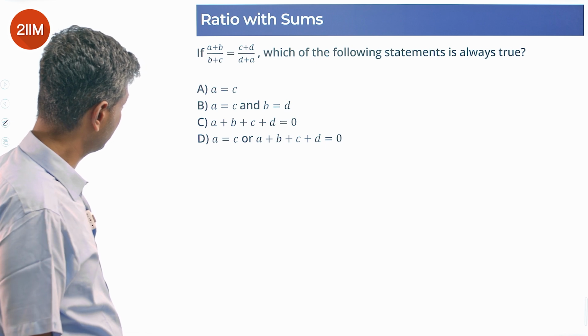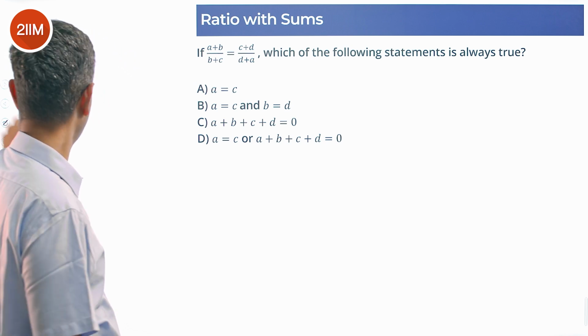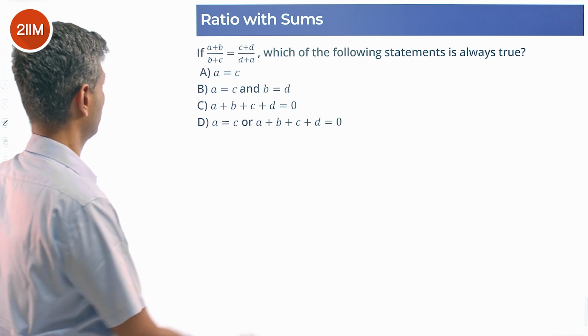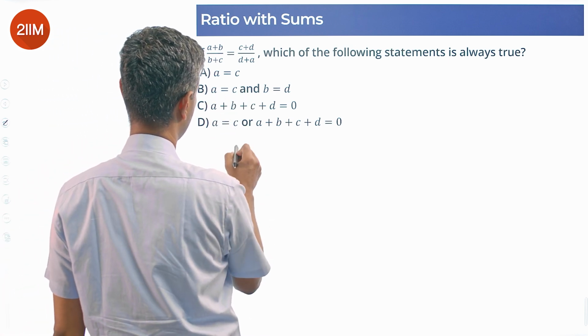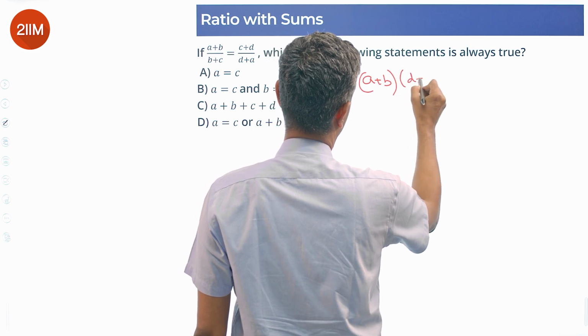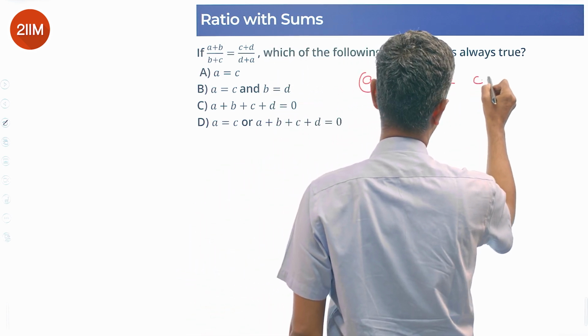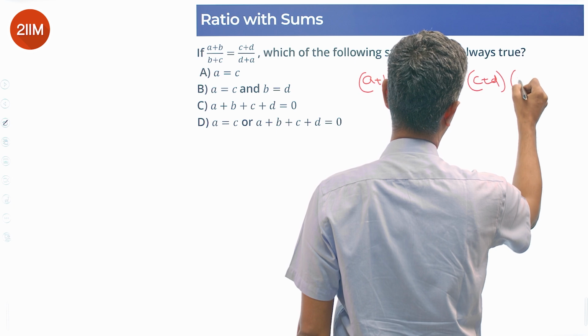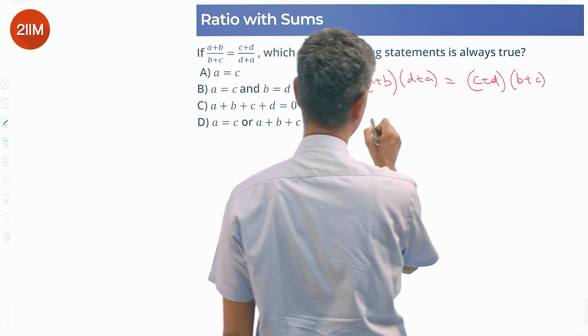A plus b by b plus c equals c plus d by d plus a. Which of the following statements is always true? I'm going to use this: a plus b into d plus a equals c plus d into b plus c. Let's expand this.